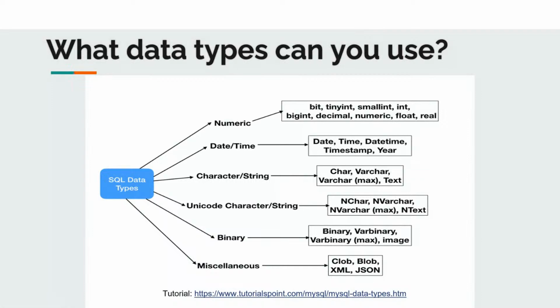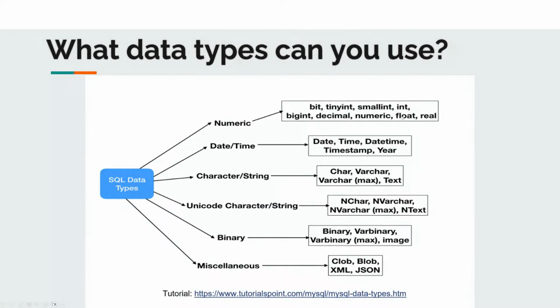But with an integer, you could go like plus or minus 100 million. And then you have smaller ones that you could use too. Maybe this goes to like 100,000. Tinyint would go to like 128, and a bit would be like a 0 and a 1. So you can store numbers in different ways, integers or decimals or floating point values.